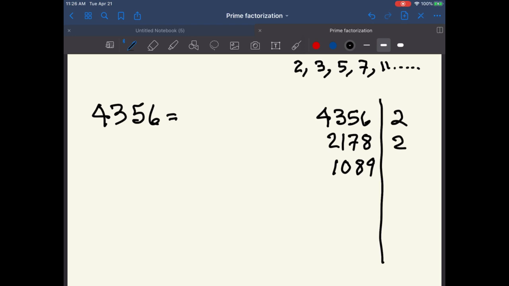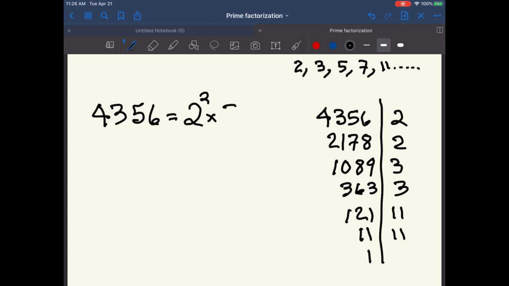You try if it is divisible by 3. Divided by 3 is 363. And I divide by 3 again, it is 121. But 121 is only divisible by 11. 121 divided by 11 is 11. And 11 divided by 11 is 1. And I finished. Now I have 2 squared times 3 squared times 11 squared.